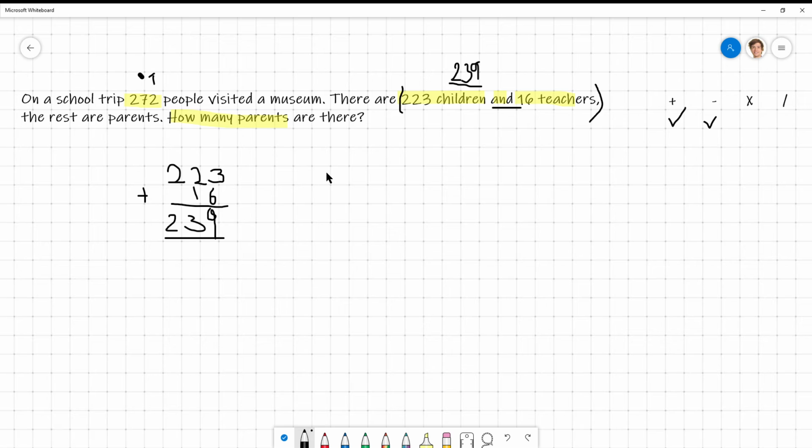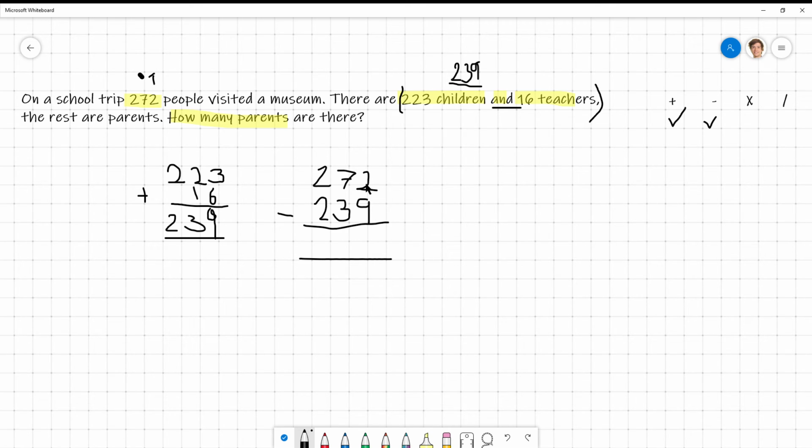So 272 take away 239. Now you'd probably be able to do this mentally. However, I'm just going to do it in my column method for A, better accuracy, and B, to show you the kind of processes you should be going through when the question gets a little bit trickier.